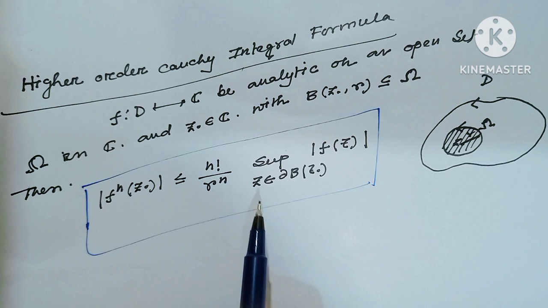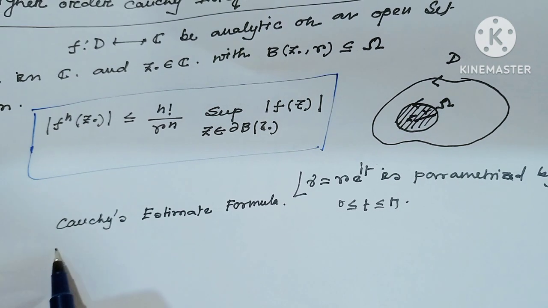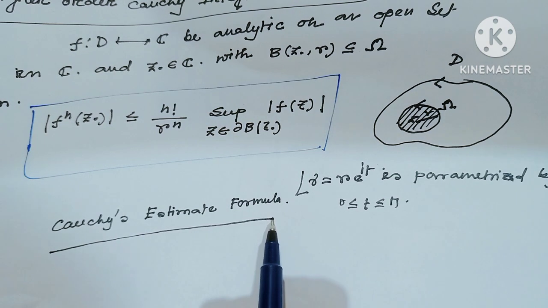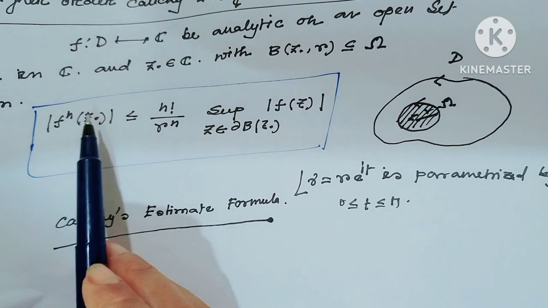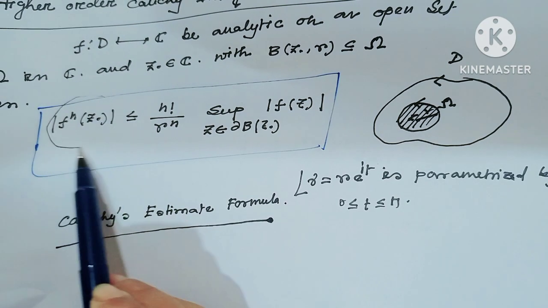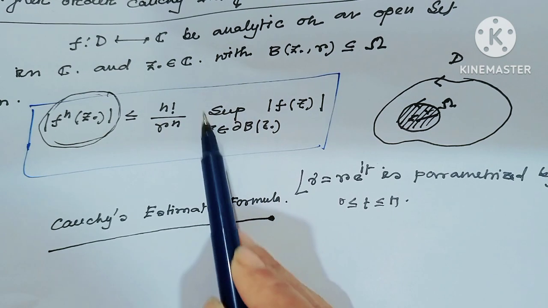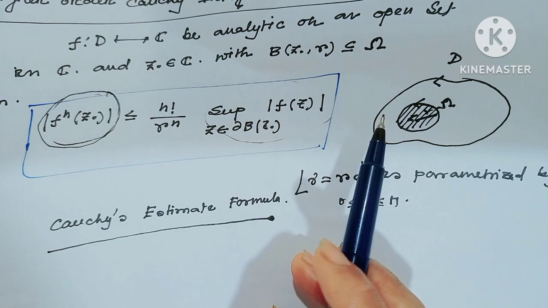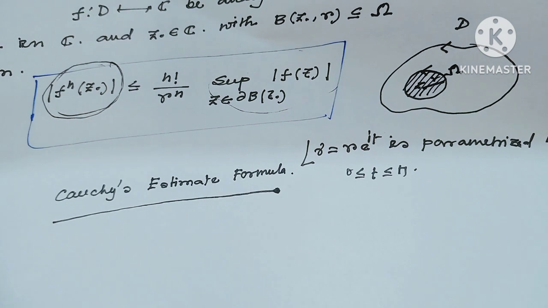This is the higher order Cauchy's integral formula, and this formula is actually known as Cauchy's estimate formula. Why is this Cauchy's estimate? Because here the derivative of this function is estimated by the supremum value of this function. So this theorem is known as Cauchy's estimate formula.